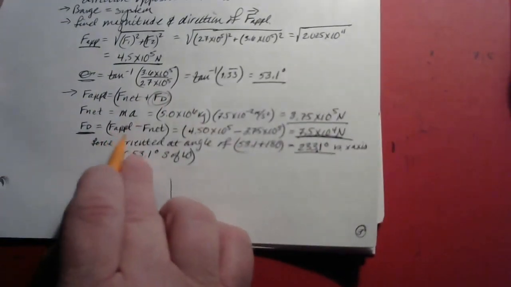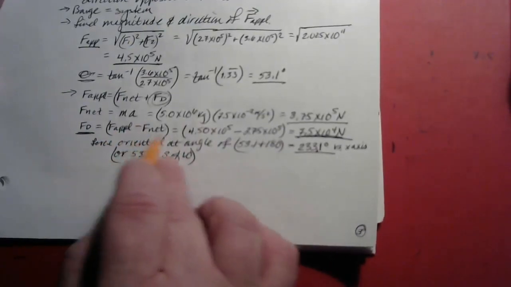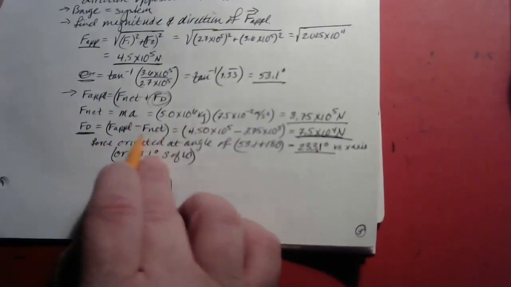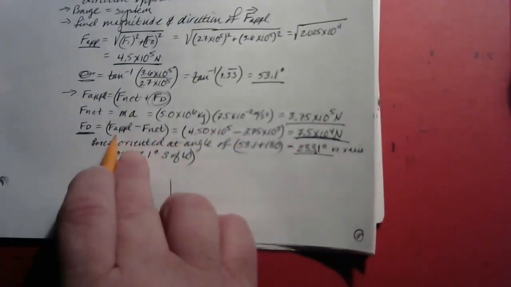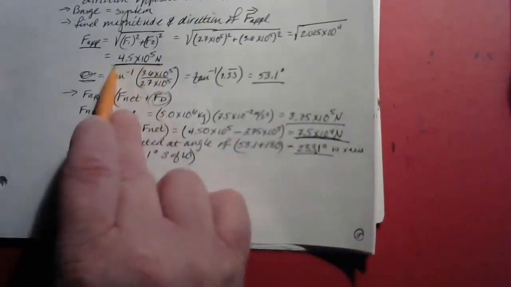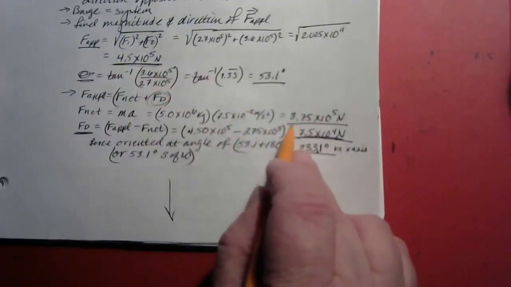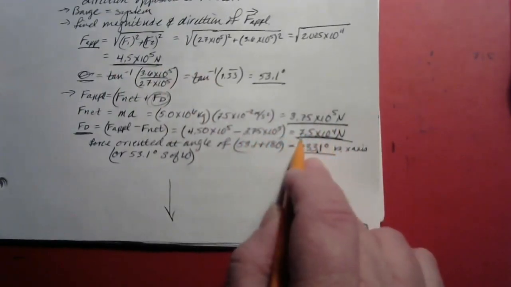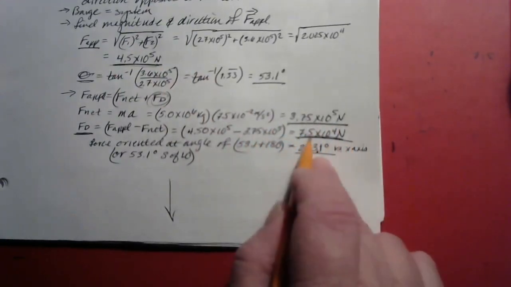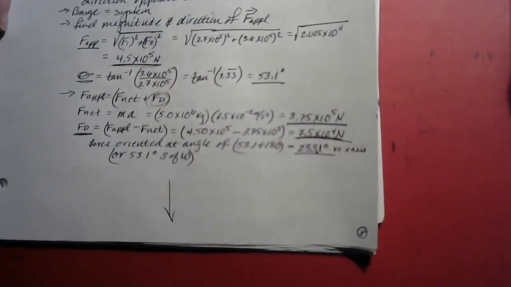So the total actual applied force minus the force that we can actually see taking place as acceleration is 450,000 for F applied, which we got up here, minus 375,000, which we got as F net in the last step. And that gives us 75,000, or 7.5 times 10 to the fourth newtons for the force of drag.